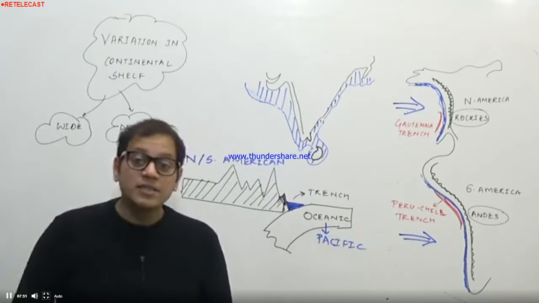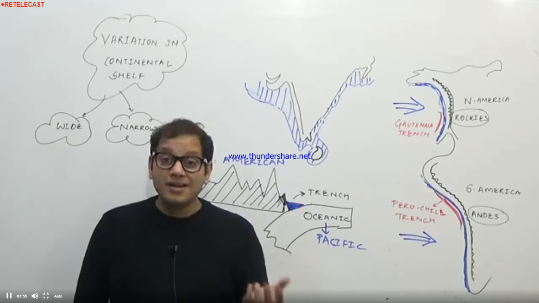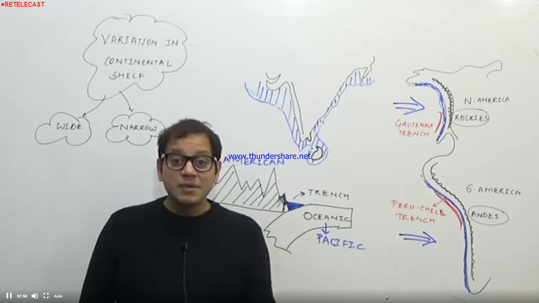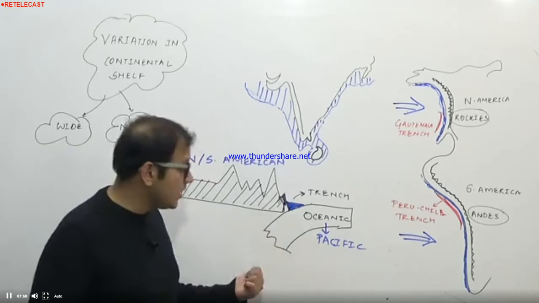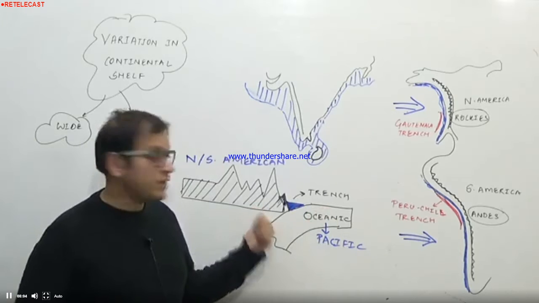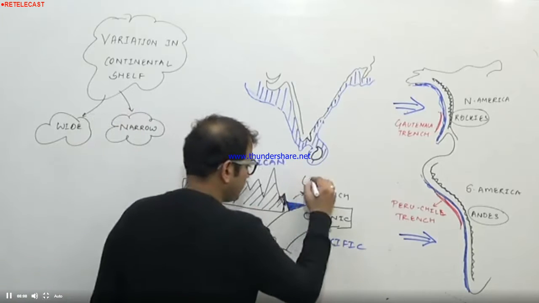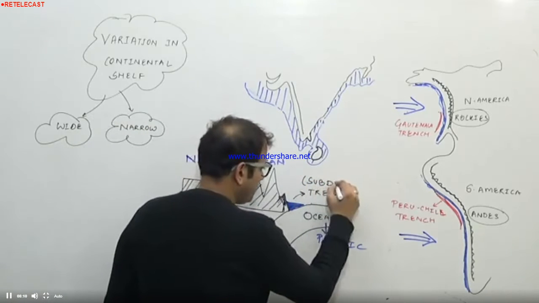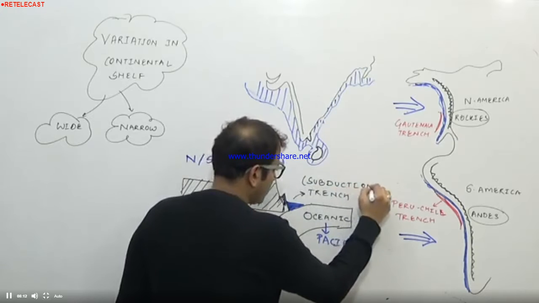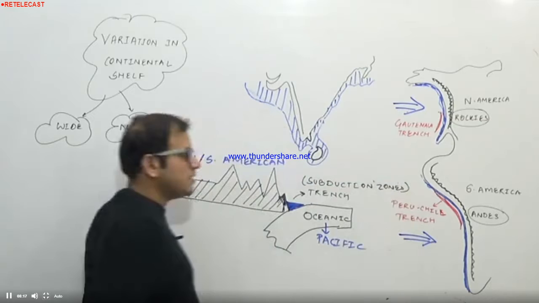Other thing we can generalize here, the oceanic trenches lie parallel to the fold mountains because they represent a subduction zone or the area where the oceanic plate is going below the continental plate. So you call this zone as subduction zones. So the trenches represent the subduction zone.